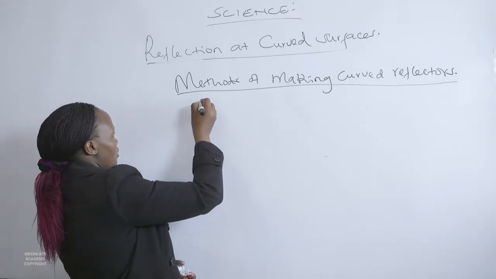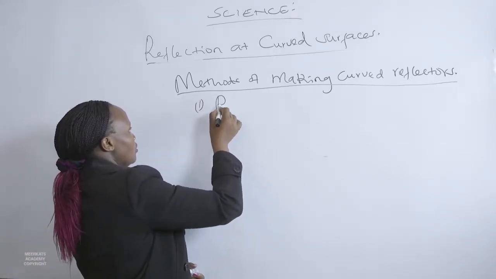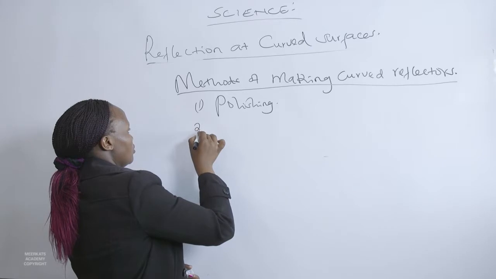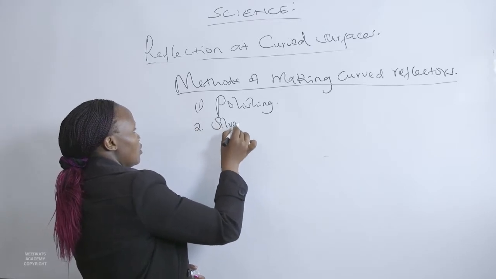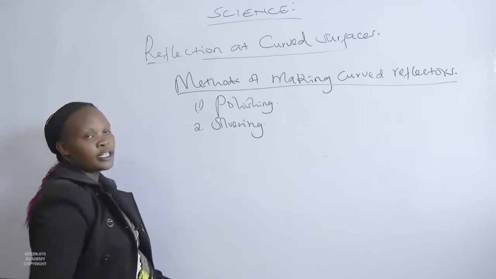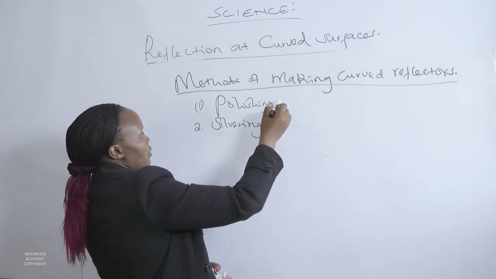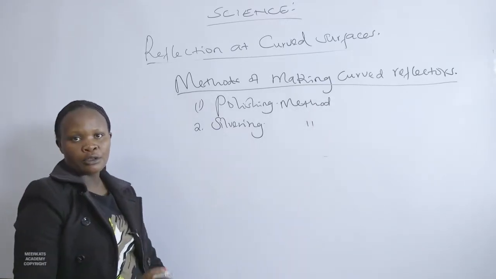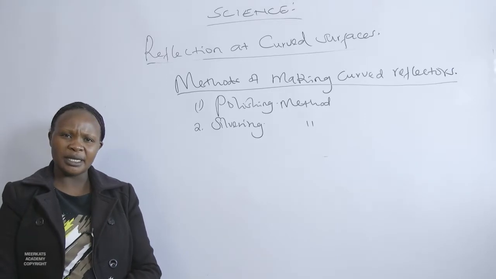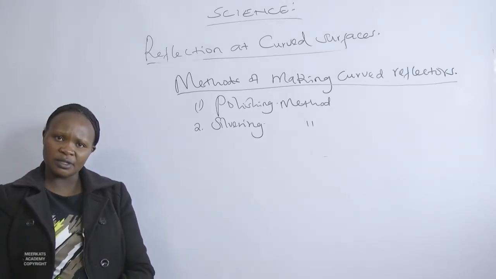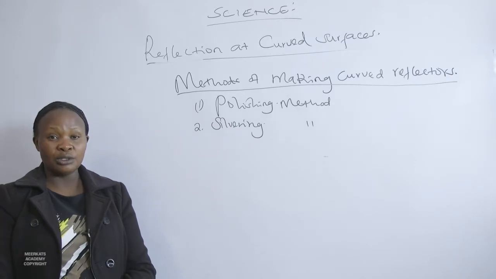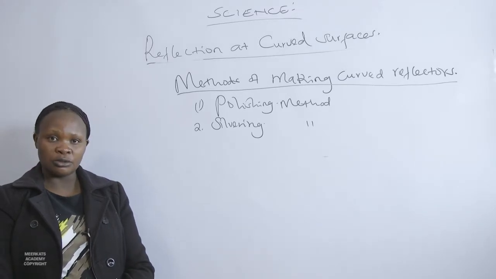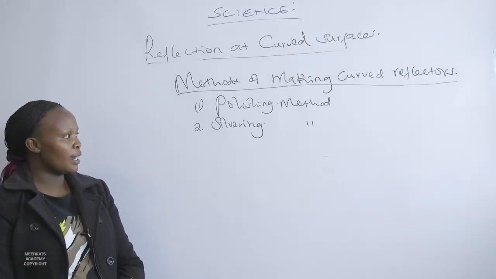Number one, we have what we call polishing. And number two, we have what we call silvering method. We have those two. Now, depending on the curved surface that you want to come up with, you will decide on which method you really are going to apply.